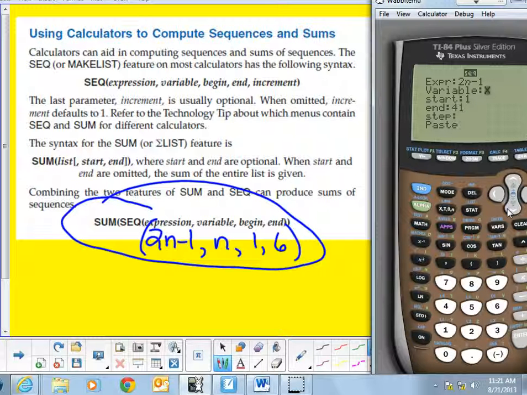If you have the older operating system, you're going to put a comma. Then you have to put in the variable again. So hit the X or the N again. Then a comma or enter terms 1 through 6. And you do 1, 6. And then just hit enter several times and you should get it. Or once if you typed it all in. Did you get 36? Yep.